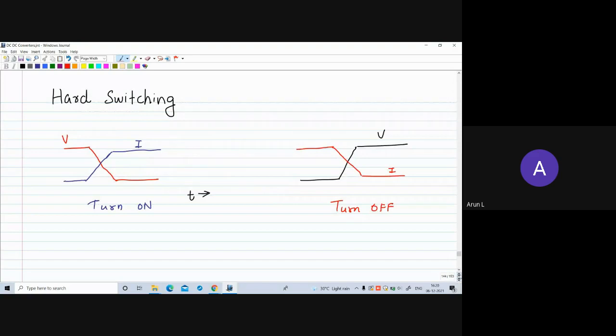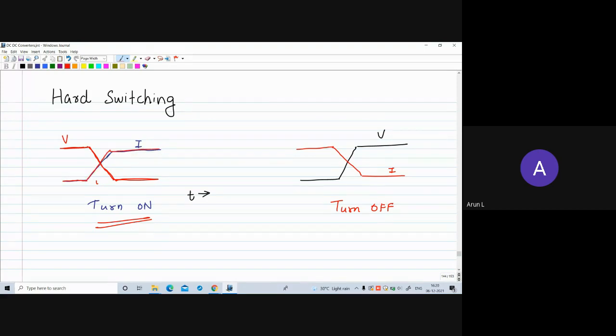Then to conclude, let us come to hard switching. In hard switching, we will have switching losses. When a device turns on, voltage comes from the blocking voltage to its on-state voltage drop, a lower value, and the current is initially zero when the device is off and goes to a larger value when it turns on.